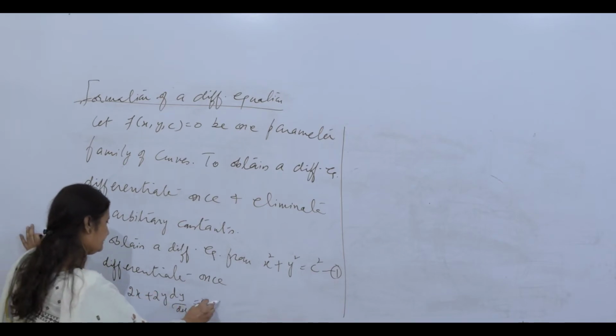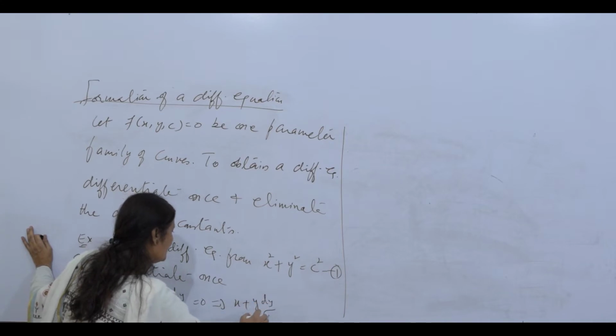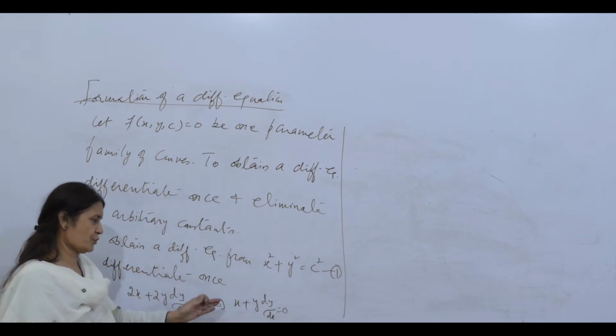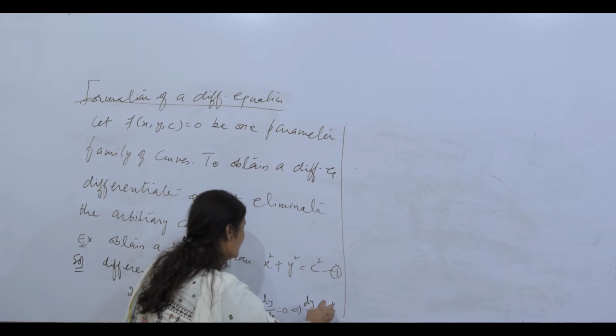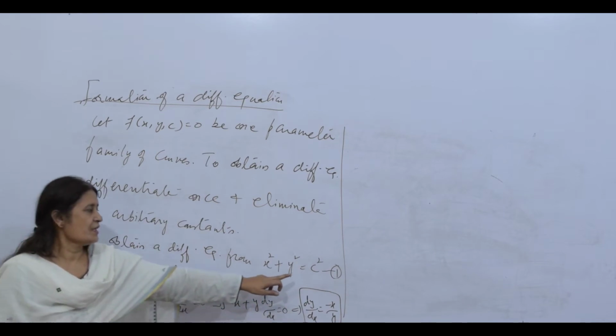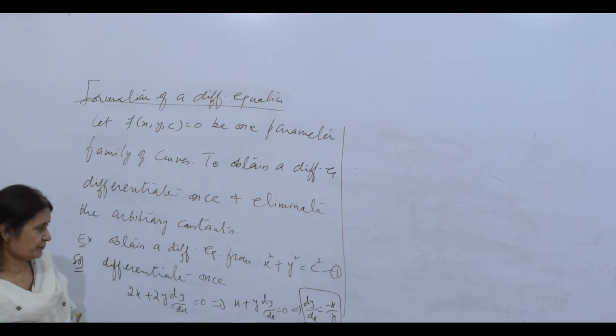This means x plus y dy by dx equals 0. You can leave the answer there because this is a first order differential equation. If not, you can simplify a bit more: dy by dx is minus x over y. So this is the required differential equation when there is only one constant, one parameter.